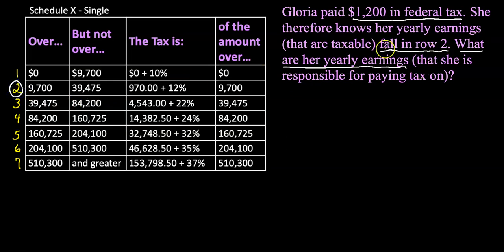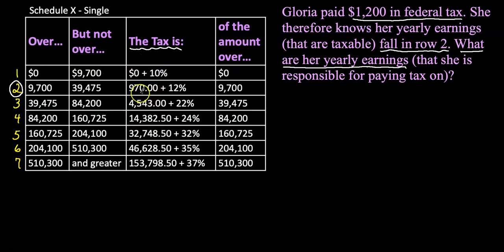How do you think Gloria figured out she fell in row 2? Let me show you really quickly because it's slightly different than the previous problem I did. We know the tax that she paid. So if the tax, from the third column, is $0 or more, but less than $970, she'll be in bracket 1.